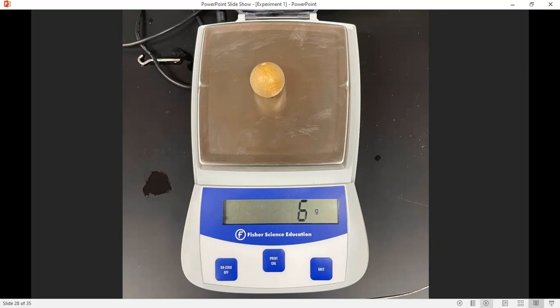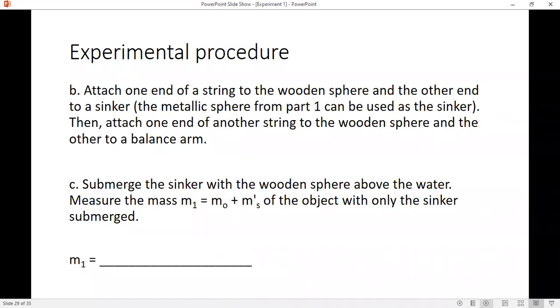And then after doing that, I will submerge it. Okay, and here's the difficult part of this. Actually, it's not that difficult, but here's something that you should think about. When we're doing mass here, we're actually measuring the mass of the wood, but so it doesn't float, we need to attach a much more dense metal sinker on the bottom of it.